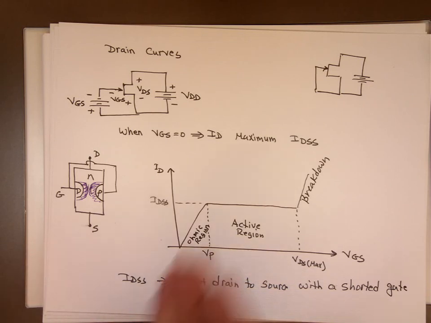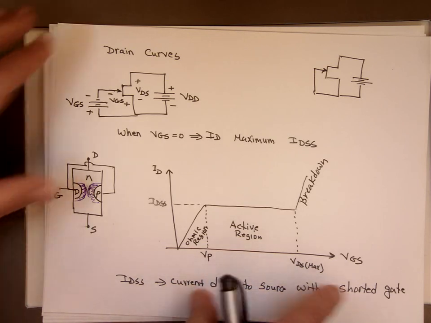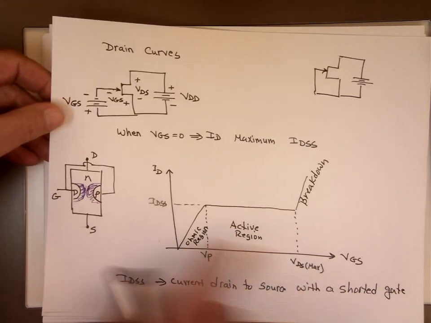Now, as we said, to the left of this area is known as the ohmic region. Now, when you operate that JFET in the ohmic region, the JFET becomes like a resistor. Notice it's linear.